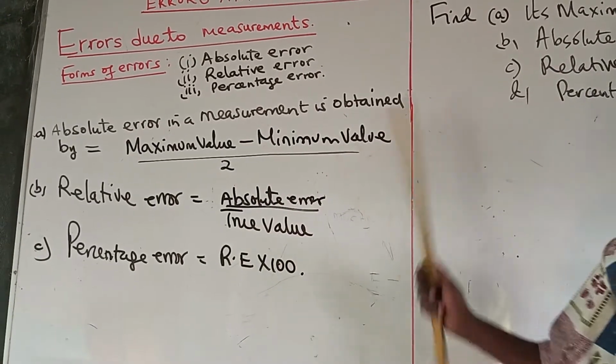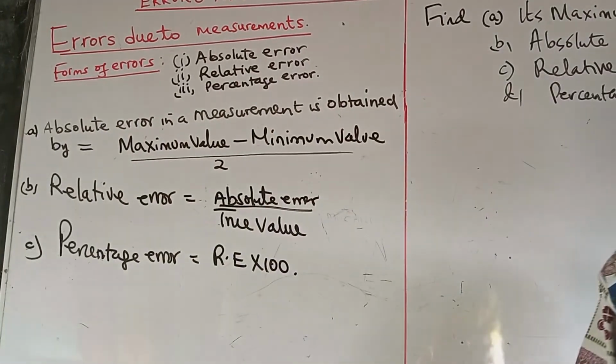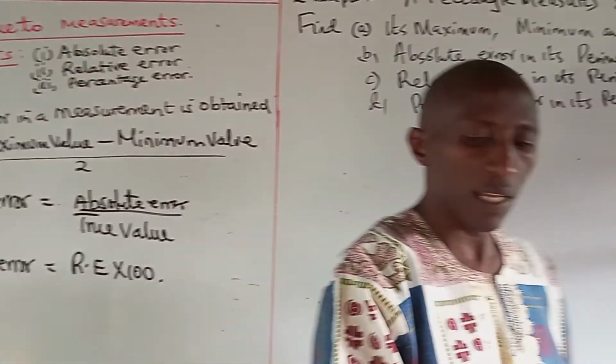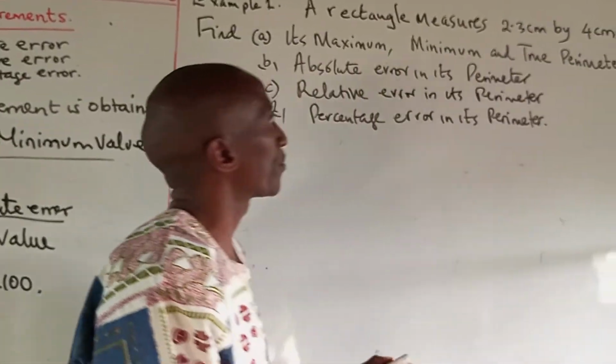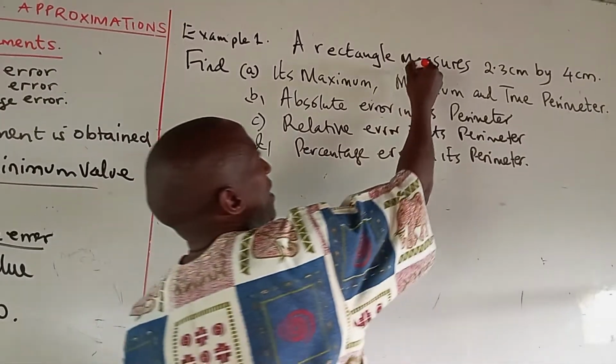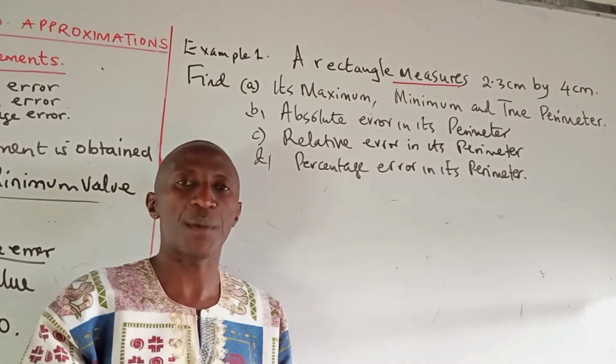And with that, we are going to obtain an absolute error. I would like us to note here a very important item. Actually, 2 important areas, that these are errors that will arise due to some measurement.